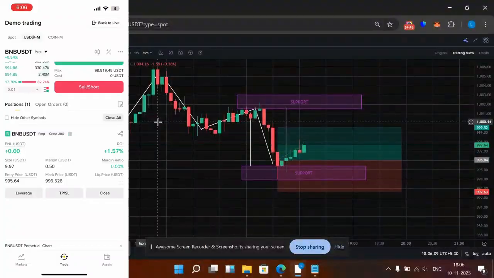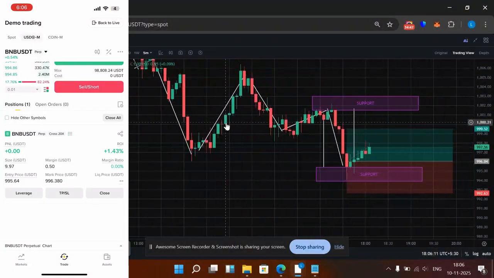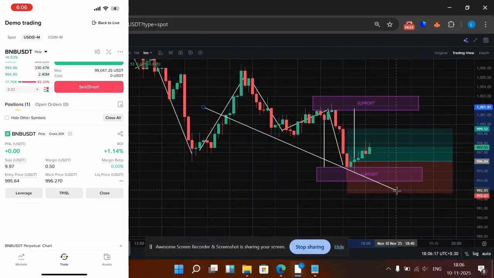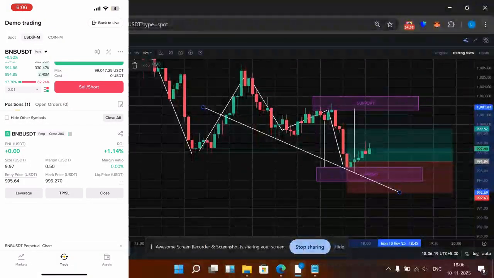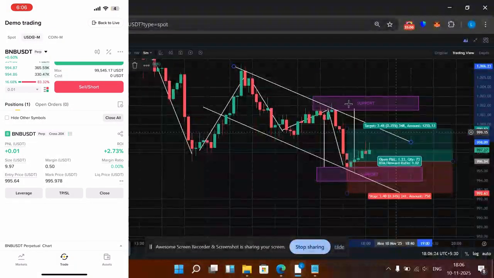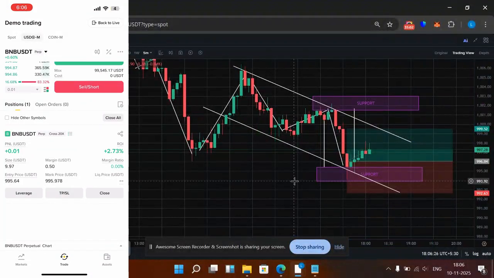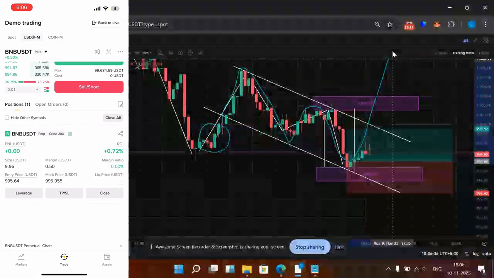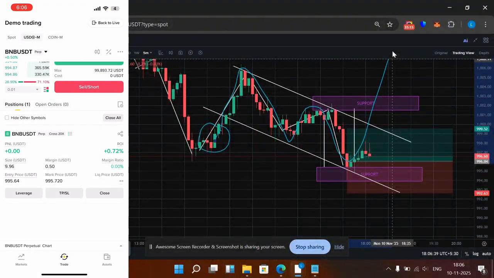Now here there is another pattern formed. A bear flag is formed. Now let's look at it. It is being formed, and now here we have got another confirmation, which is bullish, because if we look at the origin, which is an uptrend, probably the pattern is even going to break this.